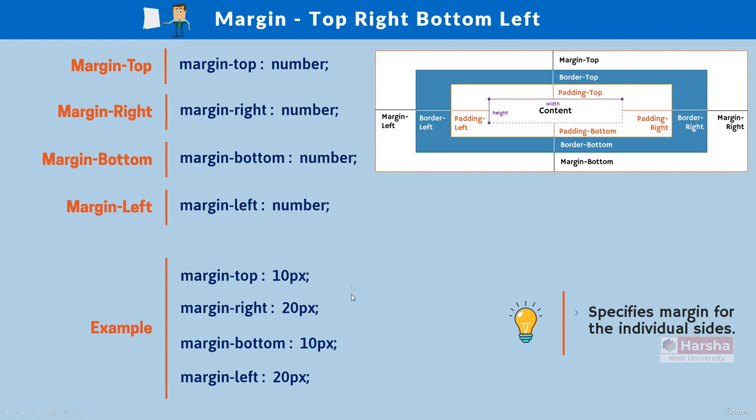So with the help of these 4 properties, you can specify the margin for individual sides. So this is margin top, margin right, margin bottom and margin left. Default value for all the margins is 0.